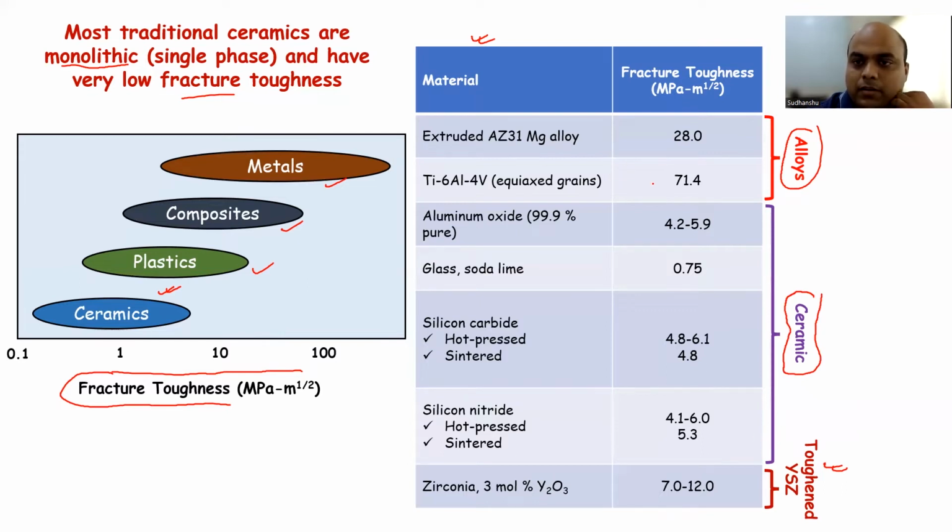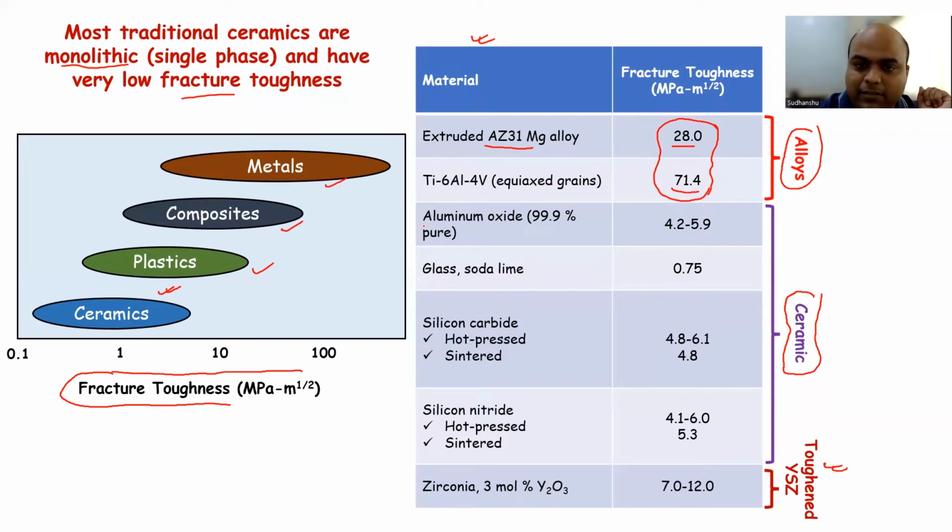The alloys typically exhibit very high fracture toughness. Extruded AZ31 magnesium alloy has 28 MPa root meter, and titanium 6Al4V, one of the famous titanium alloys, has about 71 MPa root meter.